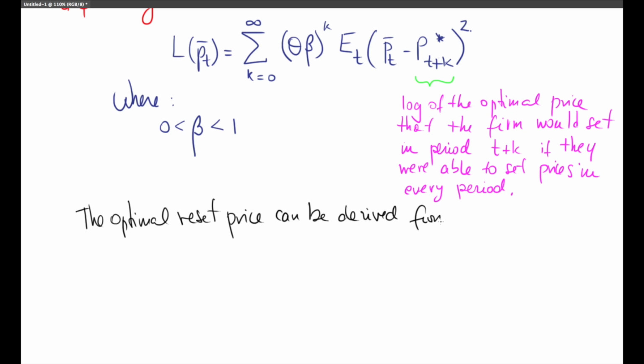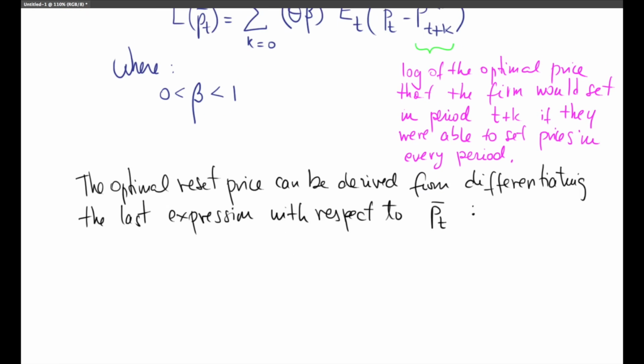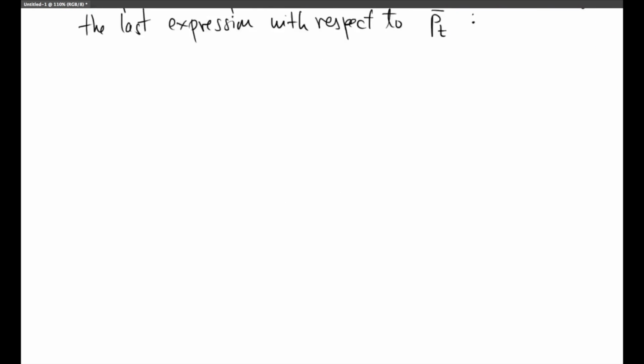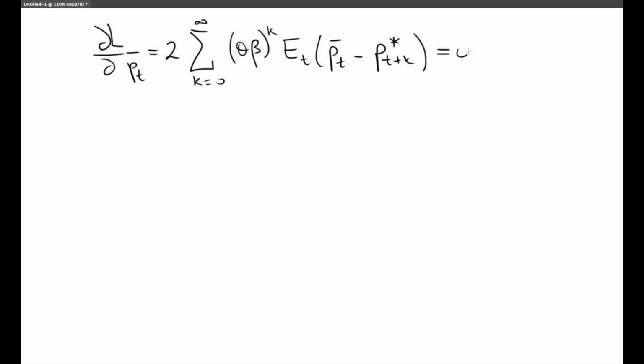So let's see, the first derivative of this function is the following. Here we have the first derivative of the loss function with respect to p bar, and the optimal level is equal to 0.